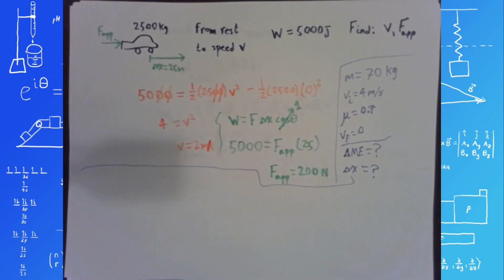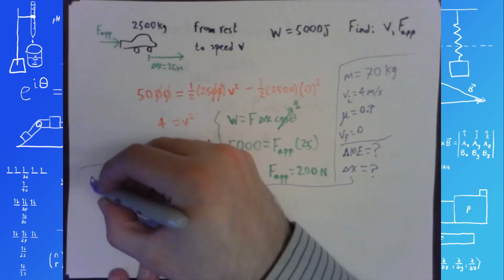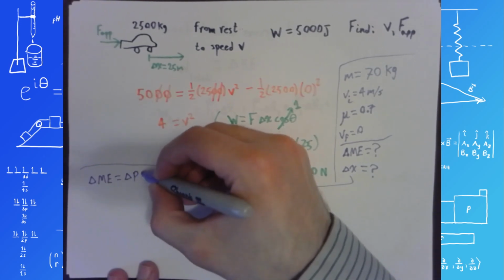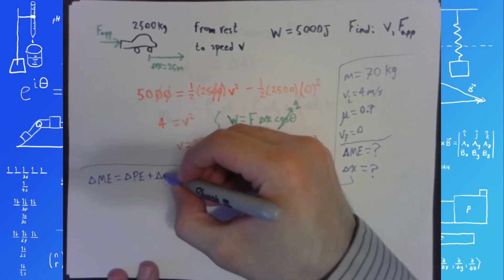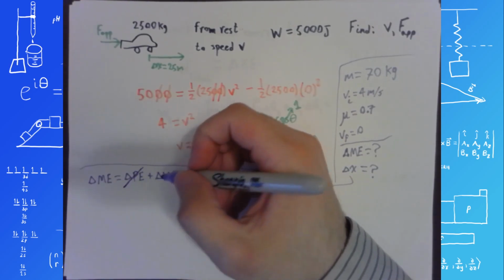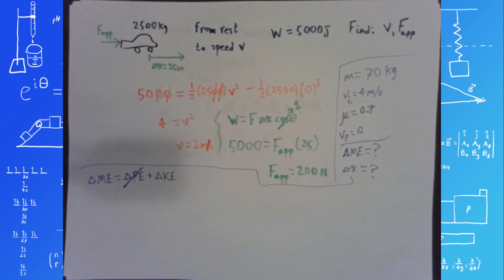Okay, well, for change in mechanical energy, he's not going to be moving vertically, so we don't have to worry about any change in potential energy. That means our change in mechanical energy is really just the change in kinetic energy. If change in mechanical energy is change in potential energy plus change in kinetic energy, and there's nothing about this problem that indicates that anything is going to change in terms of potential energy, then really what we're looking for is the change in kinetic energy.